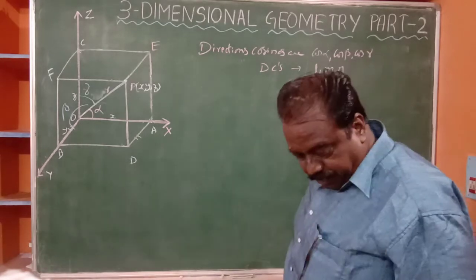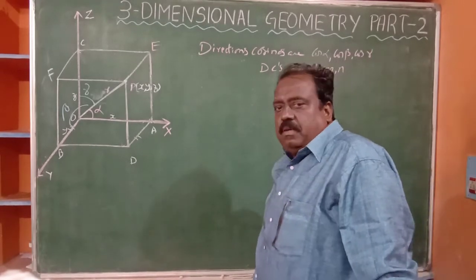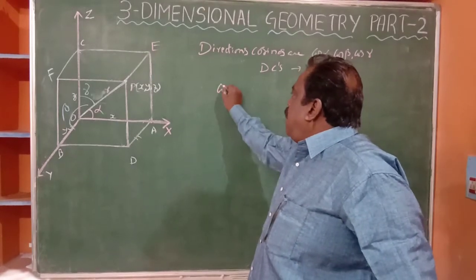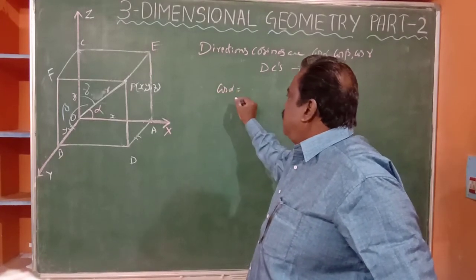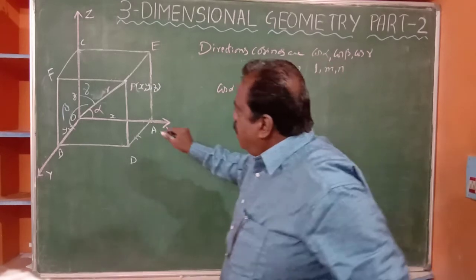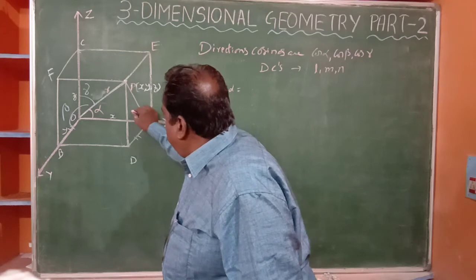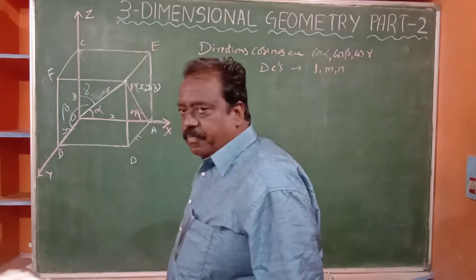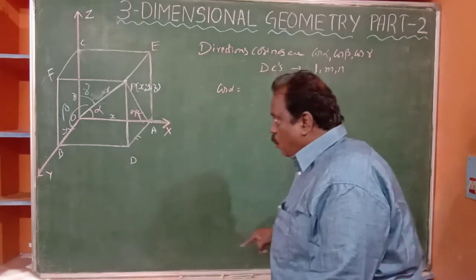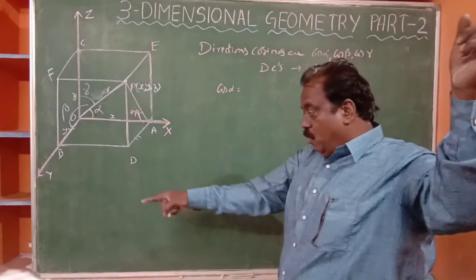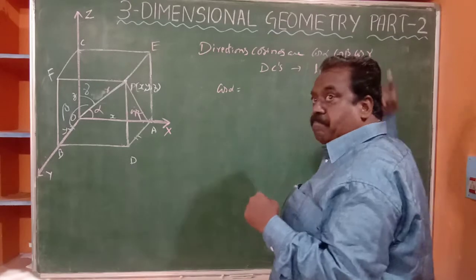Now, you see, a very good concept. Take cos alpha in the diagram. Already we discussed, it is also 90 degrees. O to A, origin to A, OP is there, OA, AP.